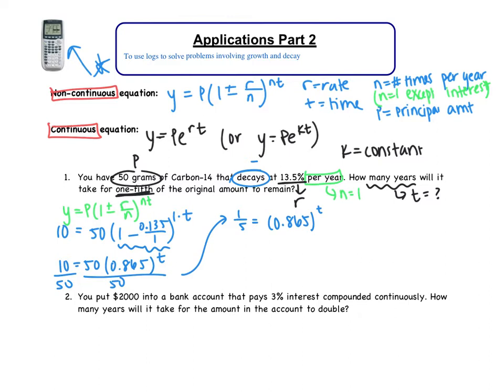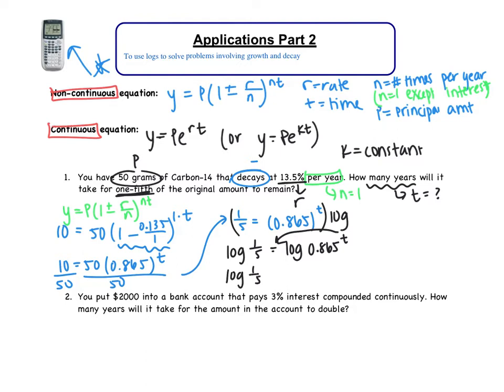In this case, we're stuck. So in the previous video, when we were stuck, what did we do? Well, we tried to take the log of both sides. So we're going to take the log of both sides and see if that helps. We get log of 1/5 is equal to log of 0.865 to the t. And then we said, yeah, this does help. Property of logs, I can bring the t out in front.